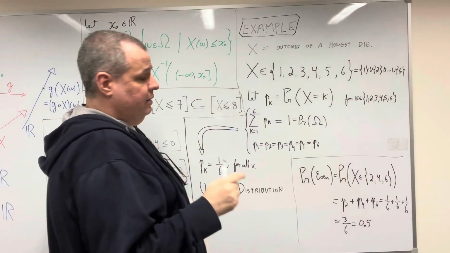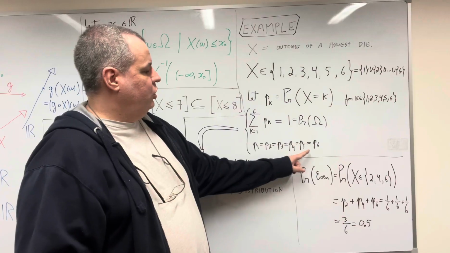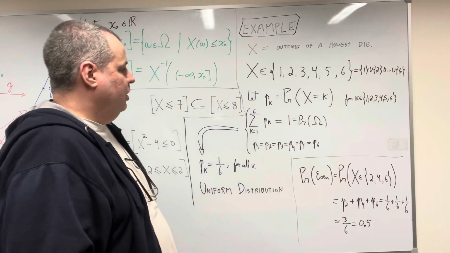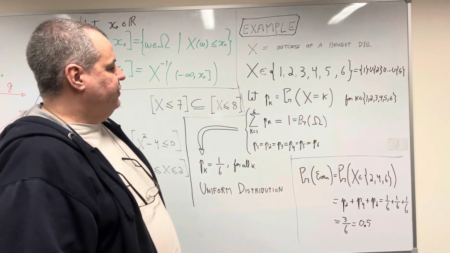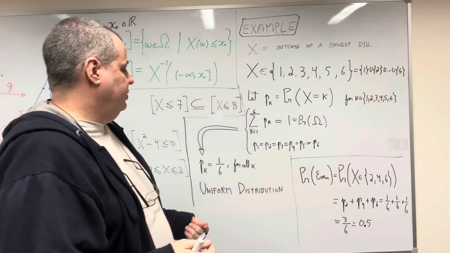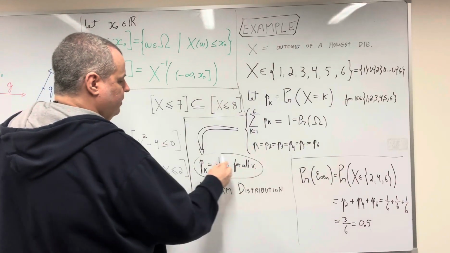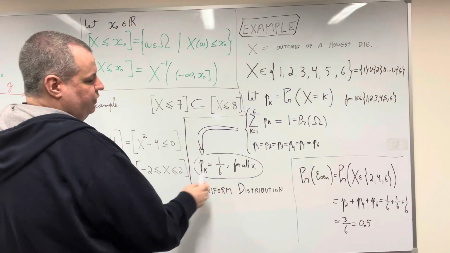And I know that the die is honest, meaning all probabilities of each side are the same. So I have a system with 6 equations and 6 variables. It's a linear system, easy to solve. There's a unique solution: each p_k is 1 over 6.